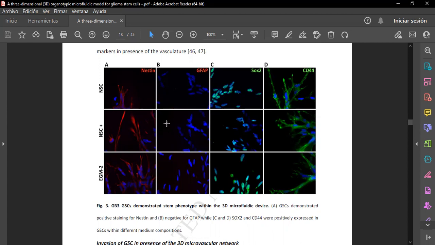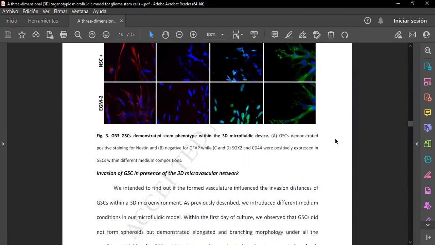Here you can see the expression of nestin, GFAP, SOX2, and CD44. All of them are pluripotency gene markers. But comparing the 3 different culture media, no significant differences in the marker expression are registered.